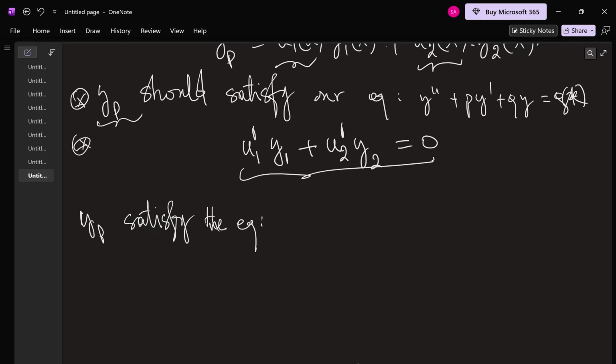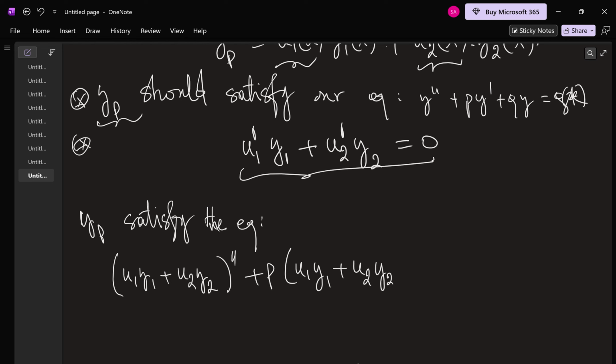So here, if you replace yp, you will have something like this: u1 y1 plus u2 y2 double prime plus p u1 y1 plus u2 y2 prime plus q times u1 y1 plus u2 y2 is equal to the function g of x.